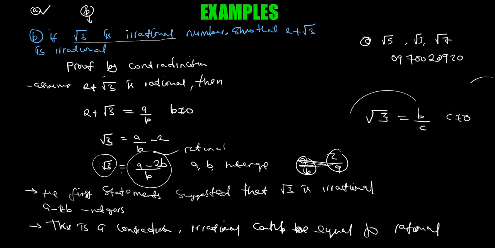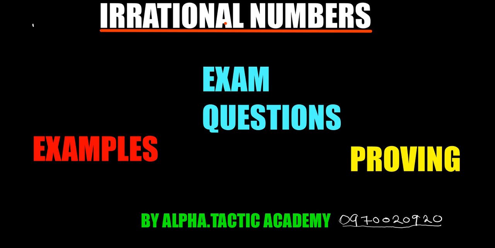So we can't have irrational being equal to something rational. It's more like saying a girl is equal to a boy. That is wrong. Those are just the cases that you need to prove, guys. So that is it about rational numbers.